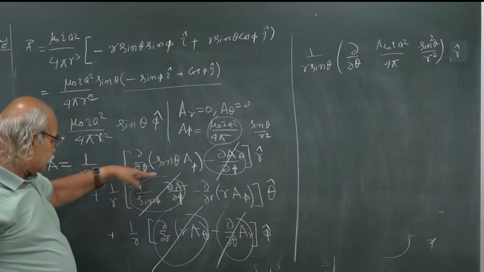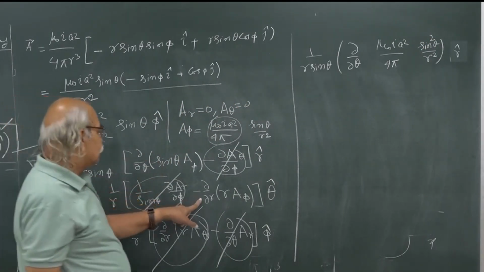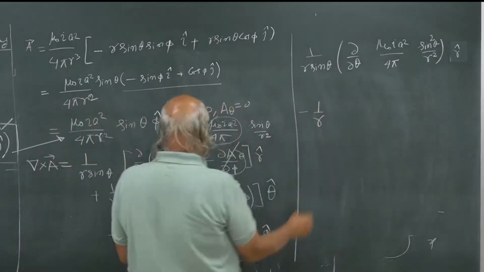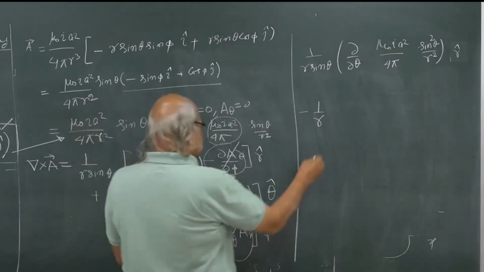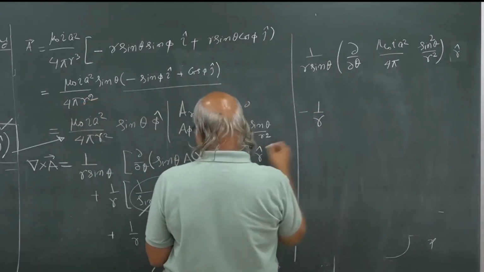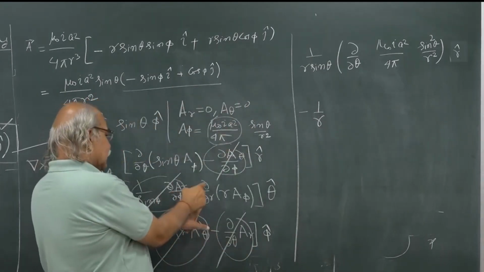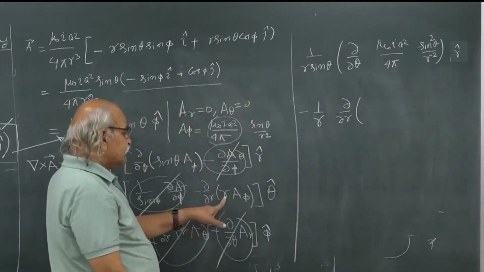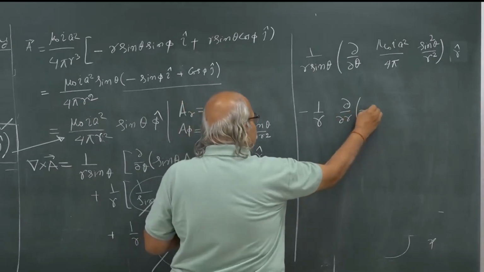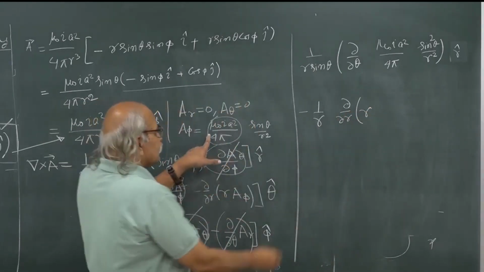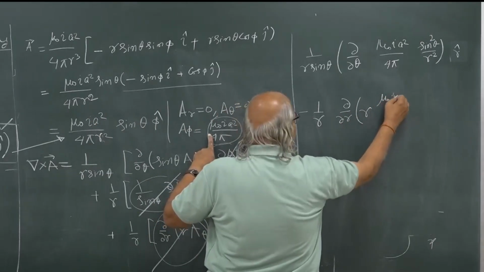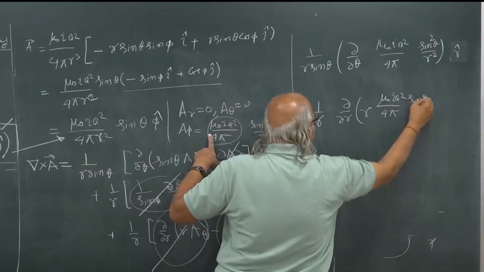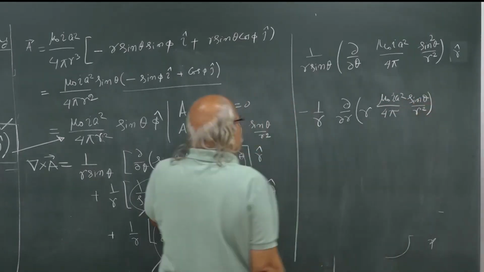Okay, and then the other surviving term is here. So plus 1 by r, or minus, this minus I can write. So minus 1 by r, and then we have del del r of what? Of r into A_phi. A_phi is here mu naught I a squared by 4 pi, and then sin theta over r squared.